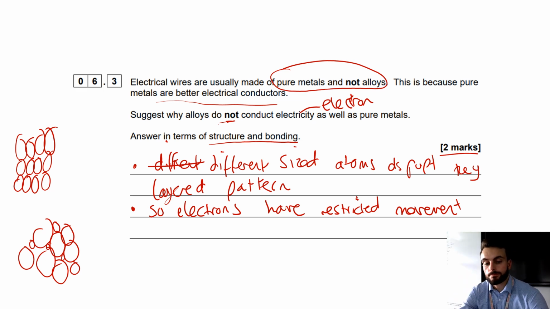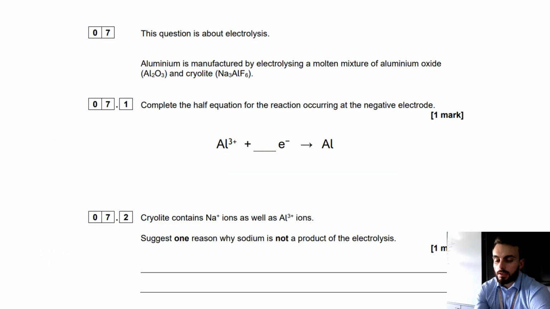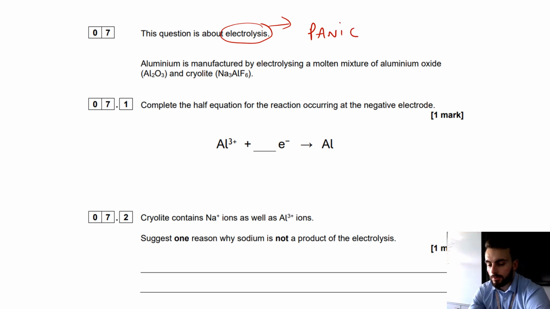This question is about electrolysis. As soon as I see electrolysis, I'm thinking the phrase, don't panic. Positive is anode, negative is cathode. Aluminium is manufactured by electrolyzing a molten mixture of aluminium oxide and cryolite, which is that classic example you always get talking about electrolysis. Complete the half equation for the reaction at the negative electrode.